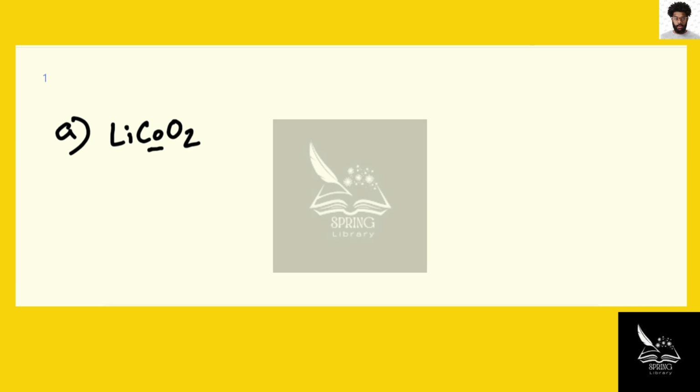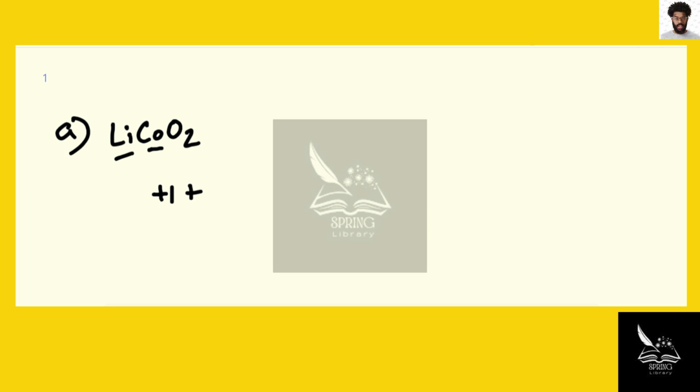So if we add up the oxidation number of each atom or ion present here, for lithium, as it is a group 1 element, it will have an oxidation state of +1, and since there is only one lithium, we can just leave it like this.